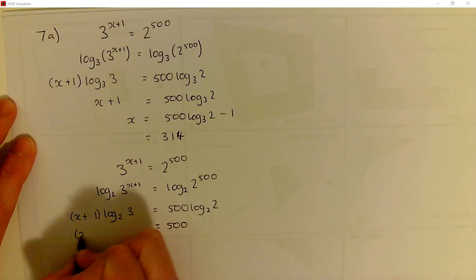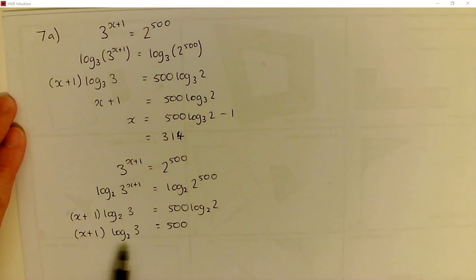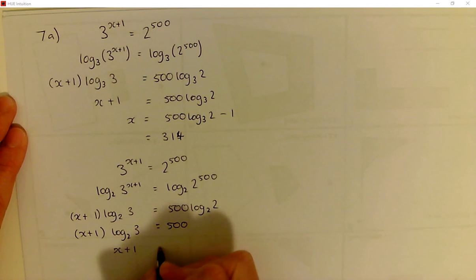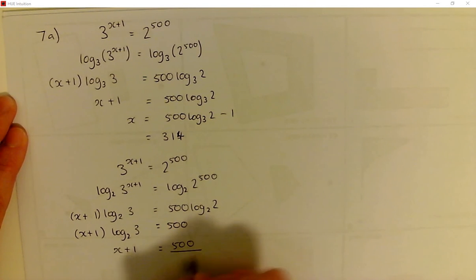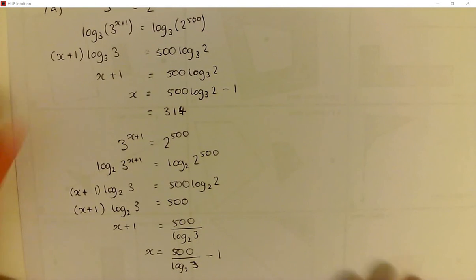So probably the easiest way of solving for x is to divide by log base 2 of 3, and then subtract 1. Okay, and I'll show you that, there we go.